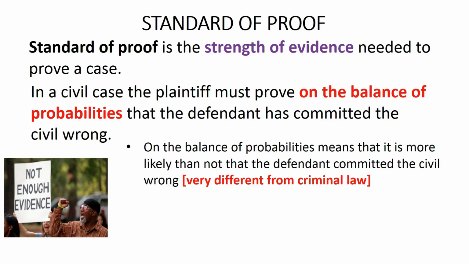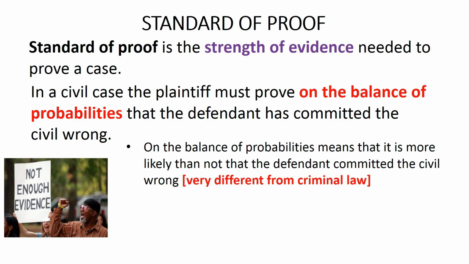What this means is that it must be more likely than not, that is, there must be more than a 50% chance that the defendant committed the civil wrong. This is a very different standard of proof from the standard of proof which applies in a criminal case. In a criminal case, you'll remember that the standard of proof is beyond reasonable doubt.